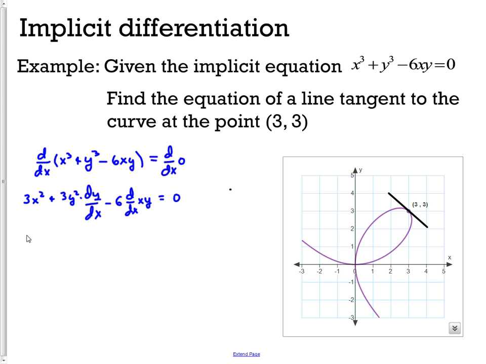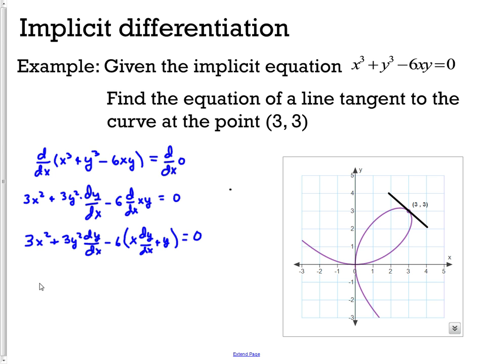Let me run through this here. 3x squared added to 3y squared dy/dx minus 6 times the quantity x times dy/dx plus y times dx/dx, so that's just 1, is equal to 0.